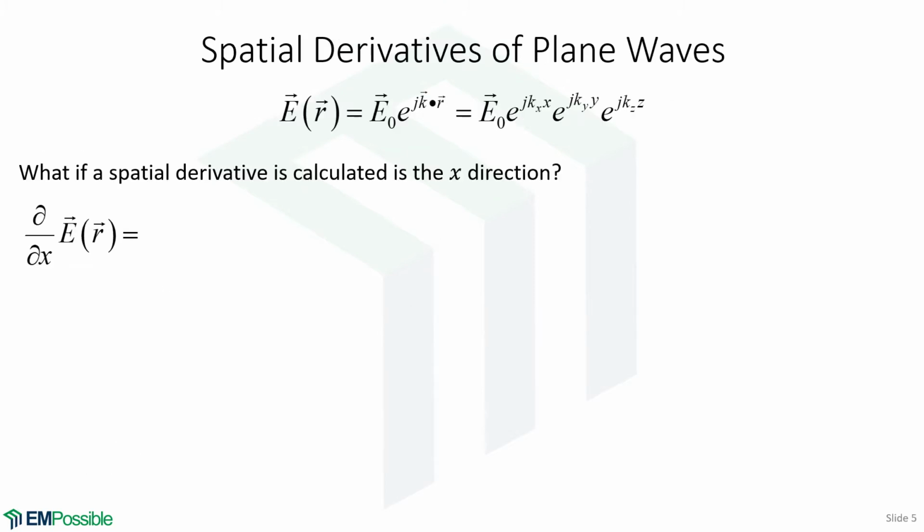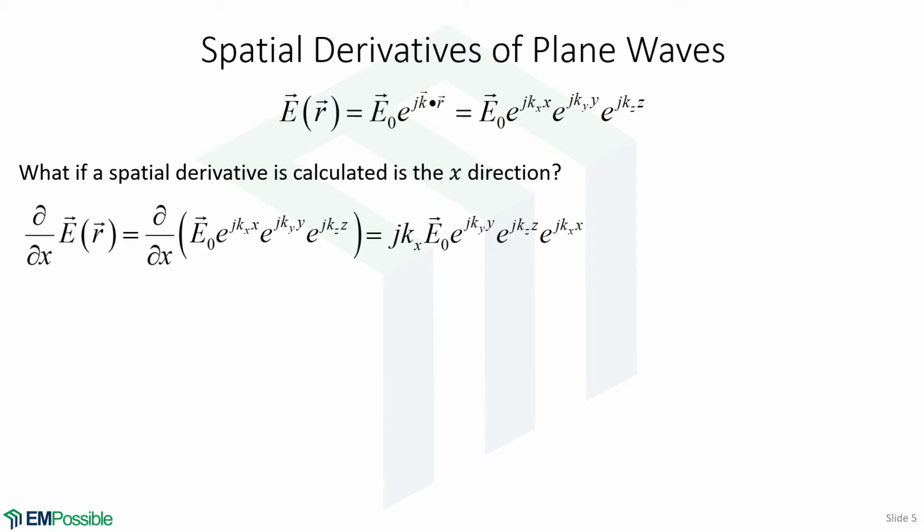So at the top, we've re-expressed our electric field in this homogeneous medium. And now we're going to consider what happens to the spatial derivatives. What happens if we take the derivative of our wave expression, in this case, in the x direction? Well, let's go ahead and plug in our expression for the electric field. So we're interested in the partial derivative with respect to x of this expression here.